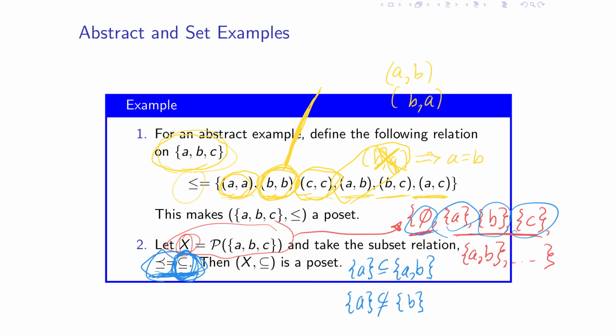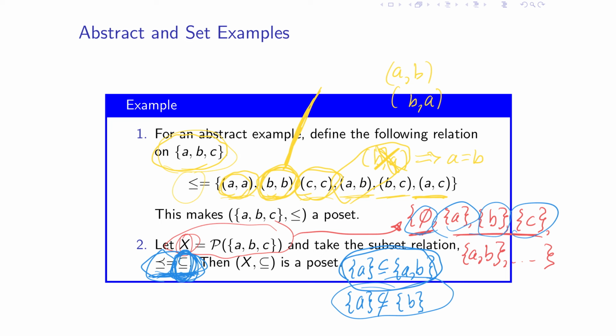So this fact tells us that A precedes AB, but this tells us that the set of A does not precede the set of B. So that's an example of a poset. You should check that this relation on this example makes it into a poset.